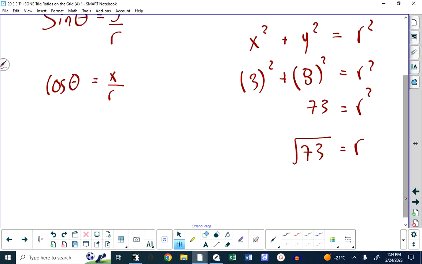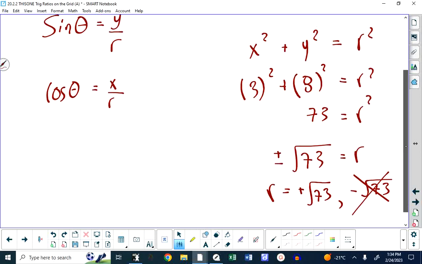Maybe I should. I just taught you whenever you take the square root, put plus or minus. That means r is root 73 and negative root 73. But why am I just throwing that out? r is always positive.